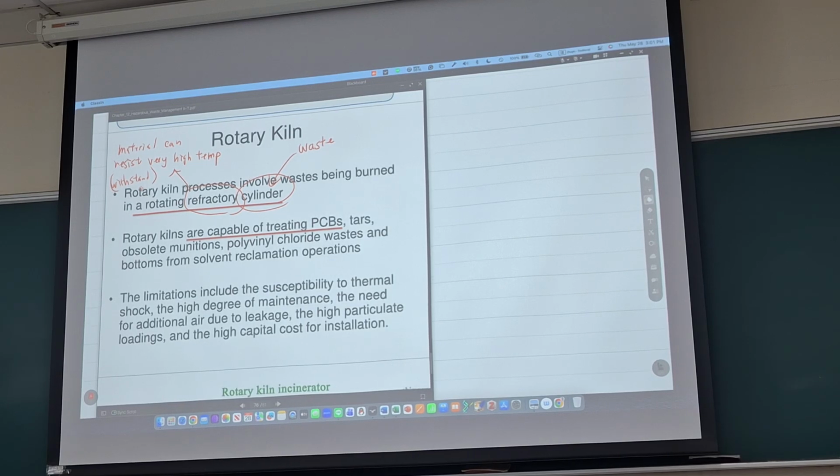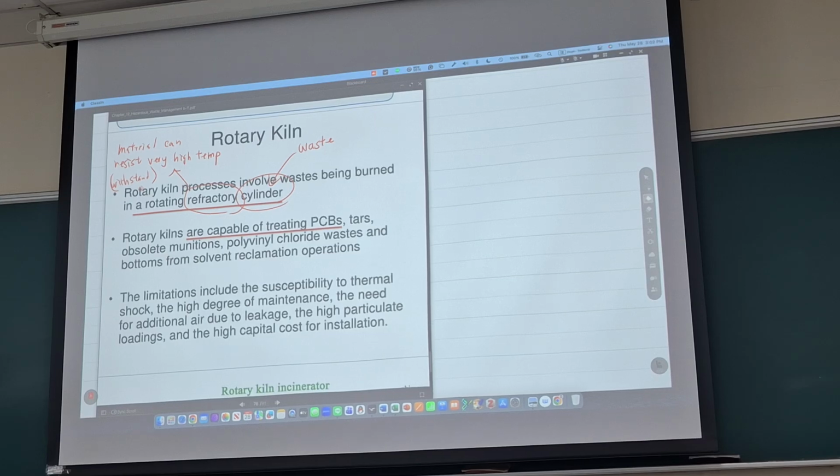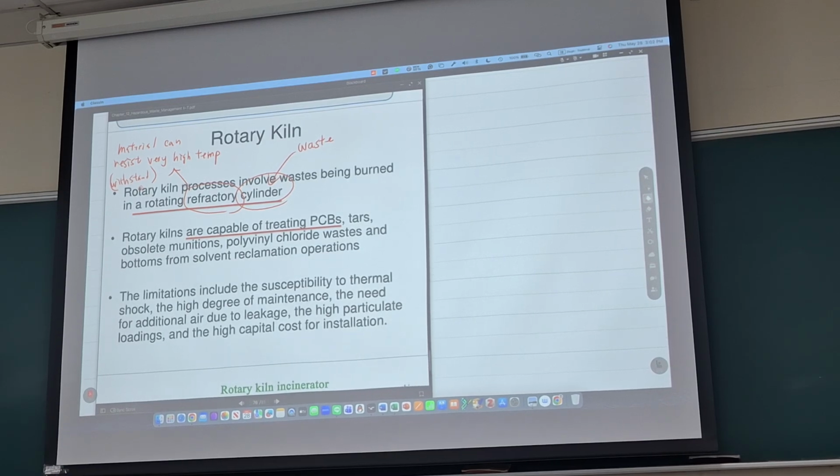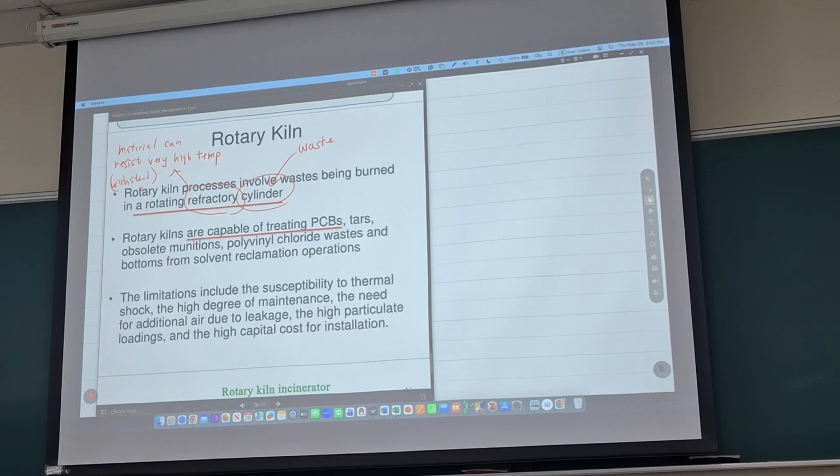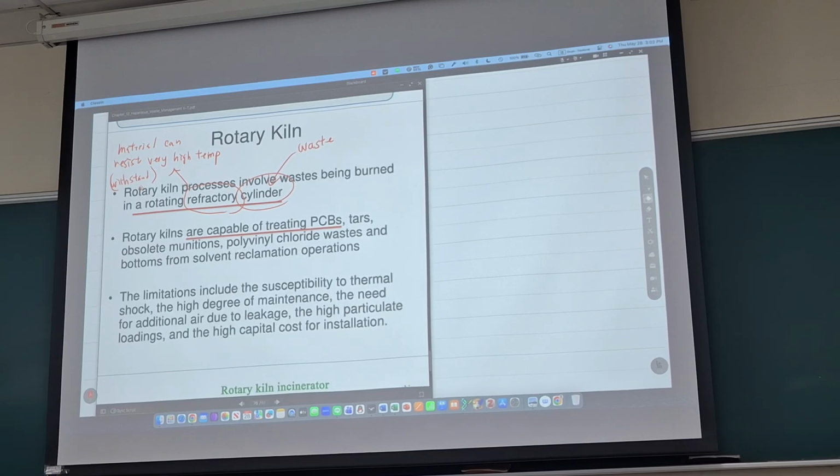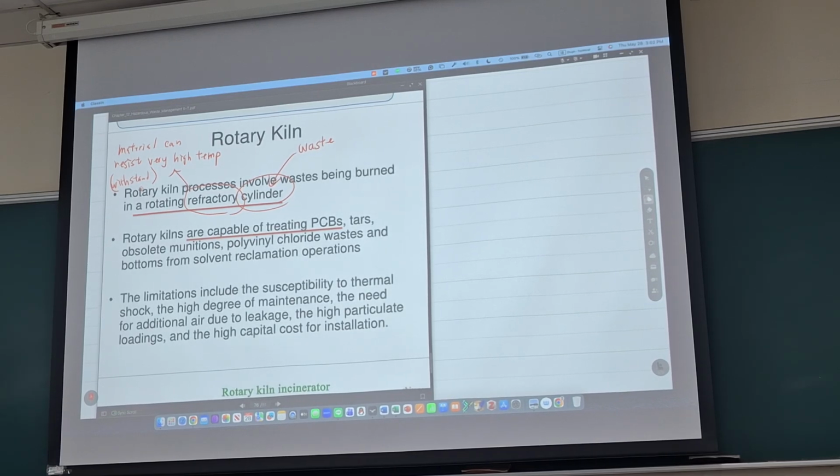We use that to make this cylinder. So this is not a normal cylinder, not a normal rotating cylinder. This is the rotary refractory cylinder, and we put the waste into this cylinder.